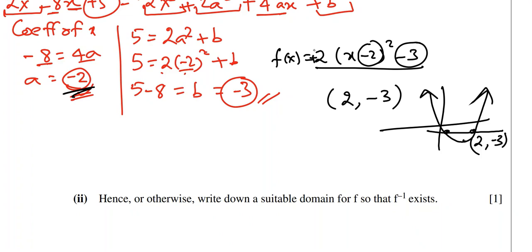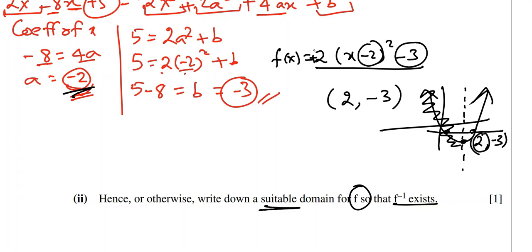So if we want f inverse to exist, that means we will have to erase half of this particular graph. Let's erase this one. Okay, this is suitable. We could have erased the right one also, but I am erasing the left one. So in the marking scheme, I am sure both of the answers will be there. So the domain for f becomes anything more than 2.